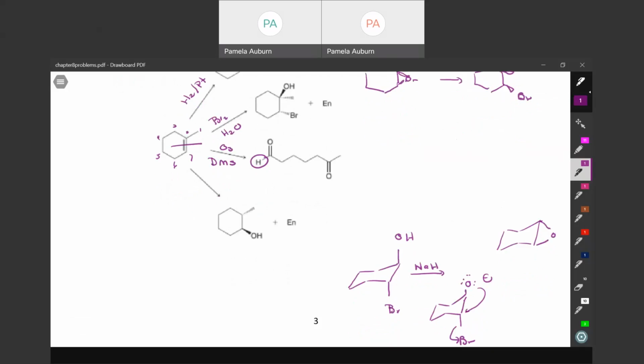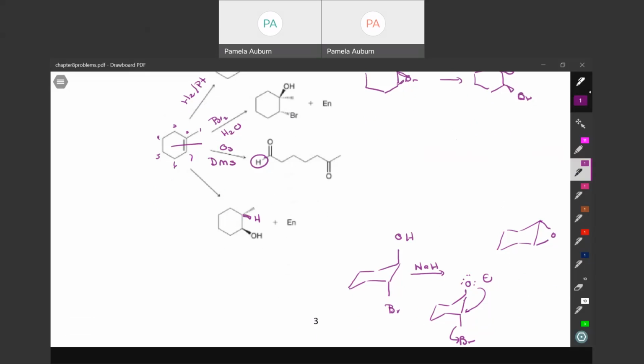In the next case, what I see is that I'm adding OH to the less sterically hindered carbon, and it's going to be syn addition, so that I'm adding the hydrogen and the OH on the same side. So if I wanted to draw in the hydrogen here, the hydrogen would be coming up.